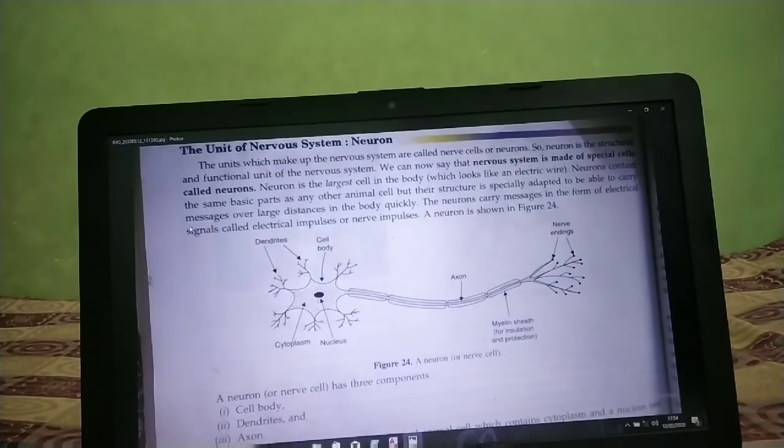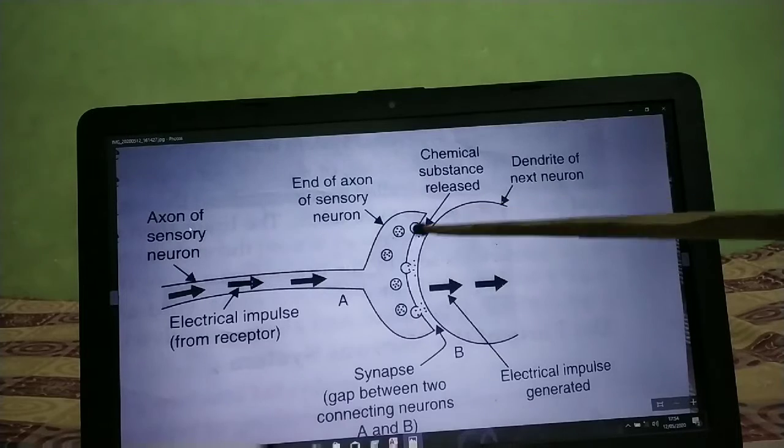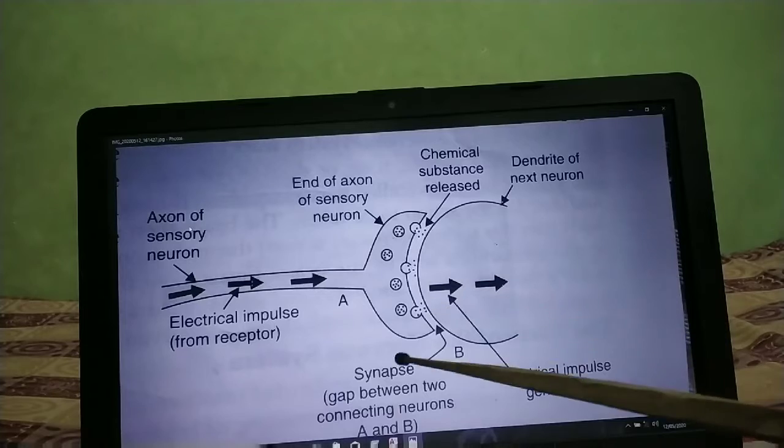So children, you can see next the gap between two neurons. The gap between two neurons is known as the synapse.